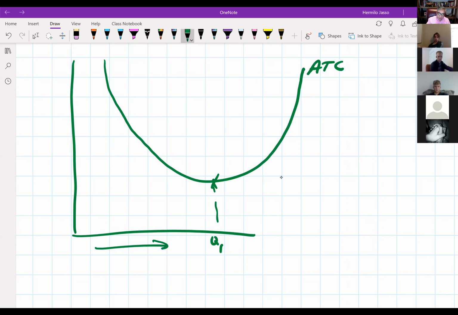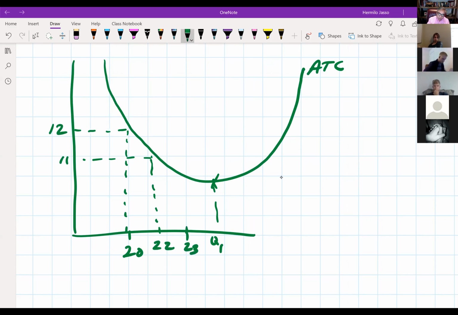So for example, let's just make up numbers. Let's say here, at 20 units, on average it costs you $12 to make. In other words, it costs you $12 each unit. How about at 22? Well, at 22, and again, I'm just making up numbers, on average it costs you $11 to make each unit. Your cost of production went down because you're making more. At 23, on average it costs you $10 to make it.